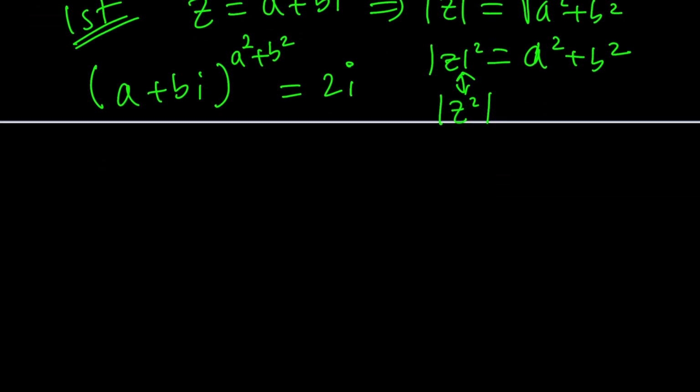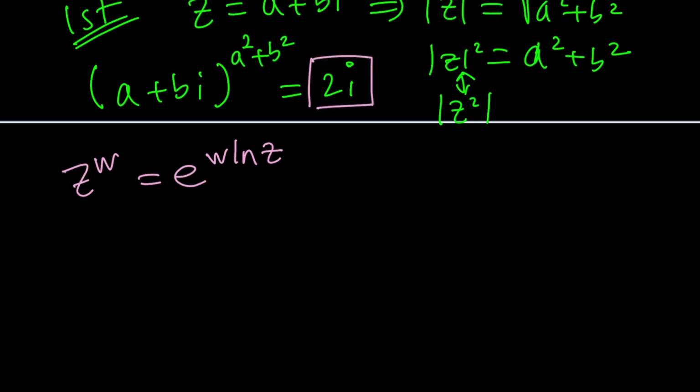We'll explore some options. And I have something called a complex exponential. How do you express z to the power w? Easy. e to the power w ln z. That's how you express it using Euler's form. And that's important because we can express 2i in the same format. Good.